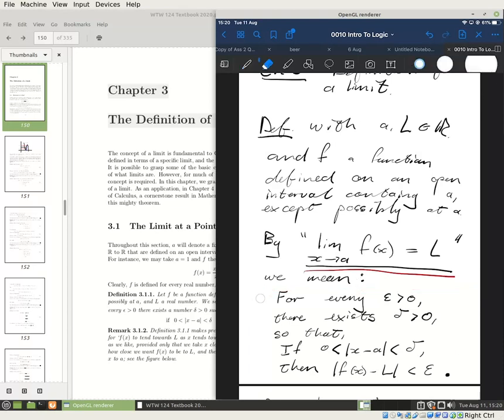This is just a shorthand for this whole statement: for every epsilon there exists a delta, so that if the absolute value of x minus a is greater than 0 but less than delta, then the absolute value of f of x minus L is less than epsilon.